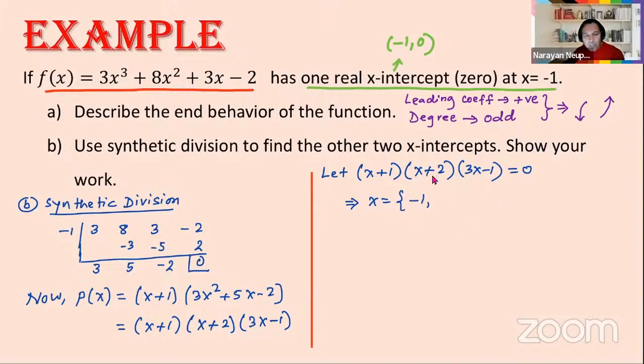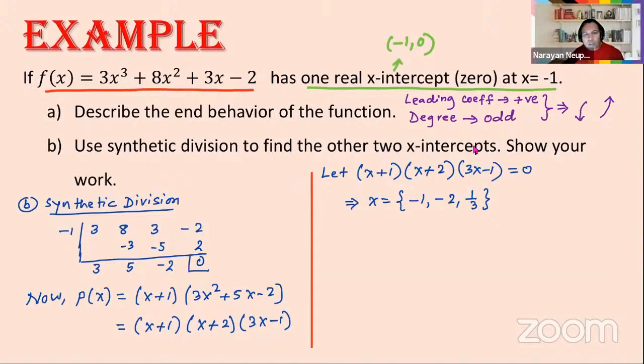And then from here, x equals -2. And from here, 3x minus 1 equal to 0, so x will be 1/3. So the x-intercepts occur at -1, -2, and 1/3.